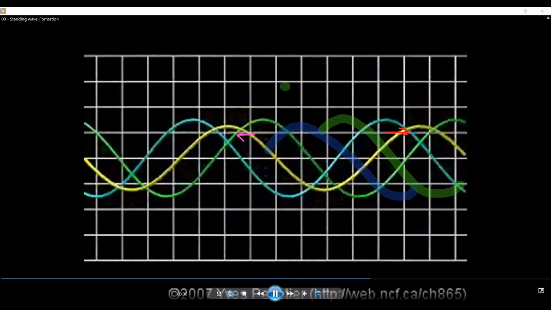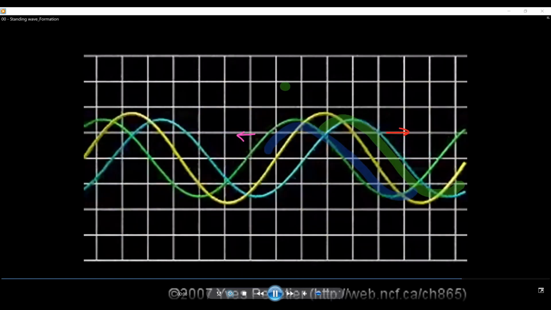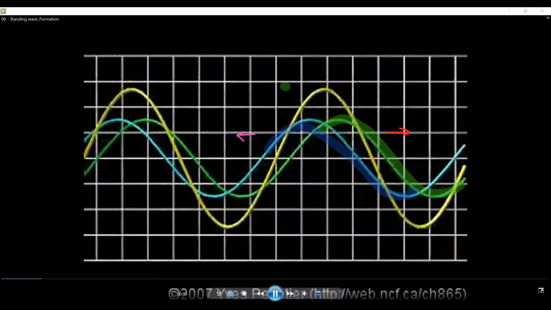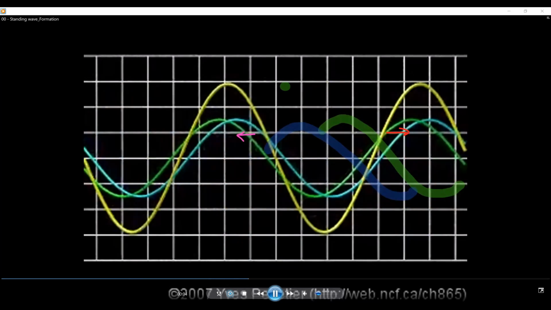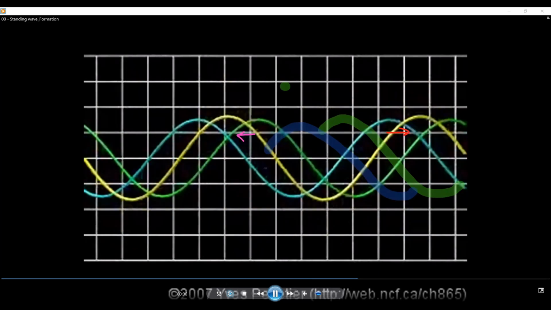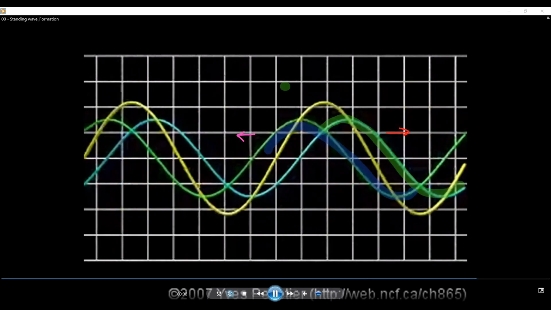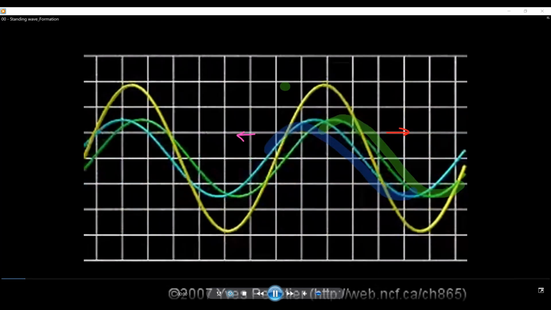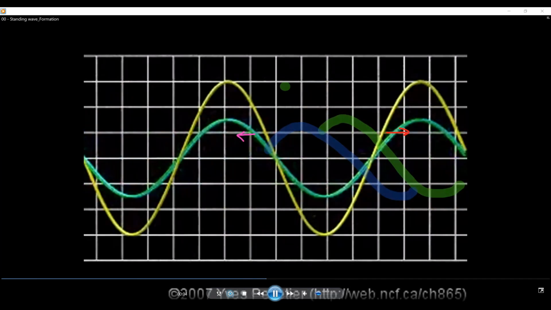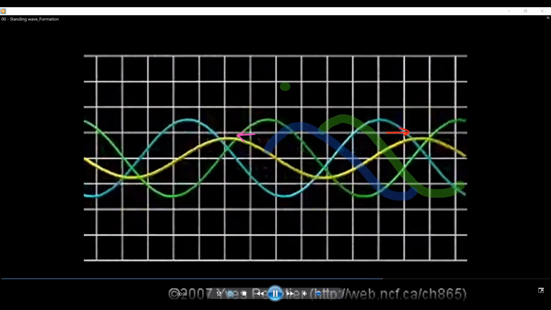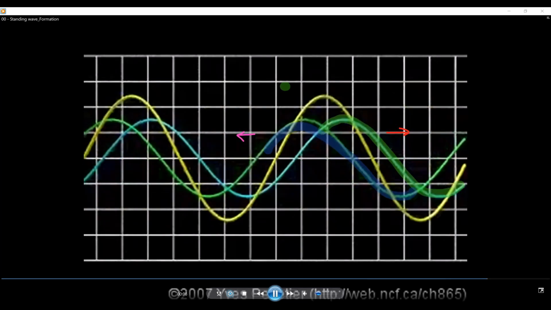These two waves are known as your progressive waves because you can see that the wave profile is actually moving from one point to another. Now, in our case, the two progressive waves are actually traveling in opposite direction. And from what we know about formation of stationary waves, as long as you have two progressive waves that are moving in opposite direction and they are overlapping with the same speed and frequency, you will get a stationary wave.